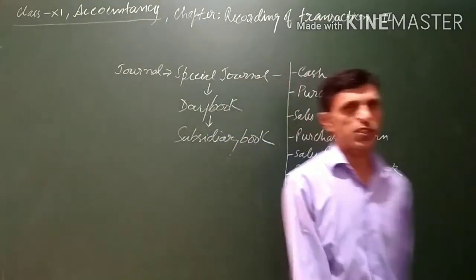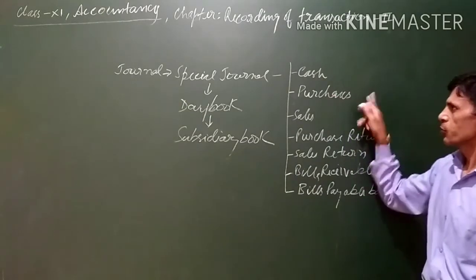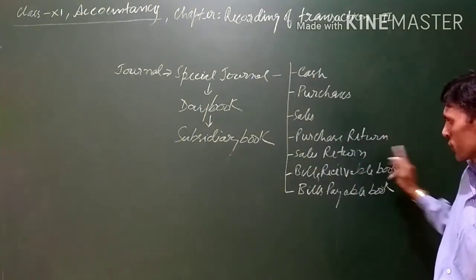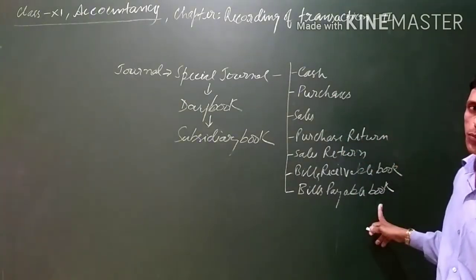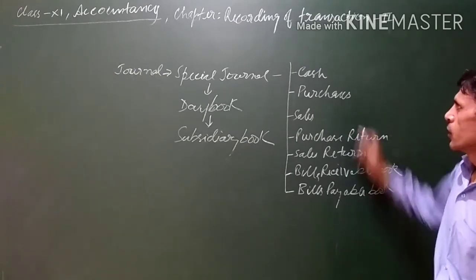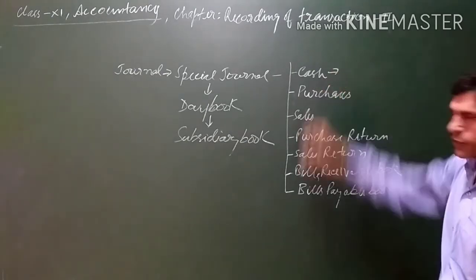These are the various special journals, that is cash, purchase, sales, purchase return, sales return, bills receivable book, and bills payable book. So the cash journal is there.